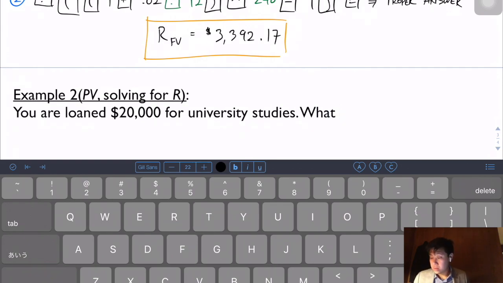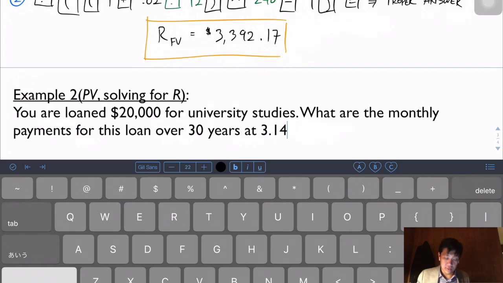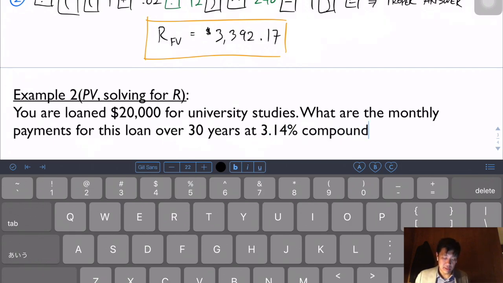What are the monthly payments for this loan over 30 years at 3.14% compounded monthly?